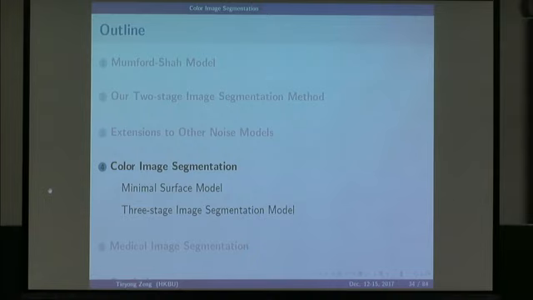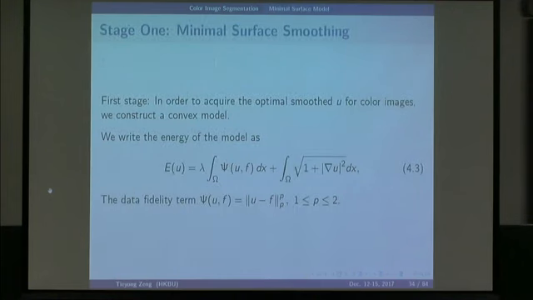Another extension we want to do is color image segmentation. So we can slightly modify it. Originally it is the H1 model. The H1 model basically is you want to smooth the image, right? But then you have two parameters. If you want to eliminate one parameter, what we try to do is use this kind of term. If this one is epsilon, this is the classical approach to minimize the TV, right?